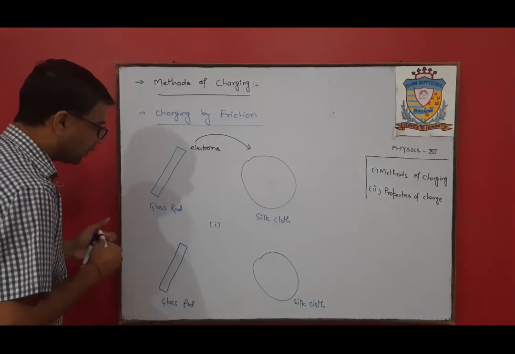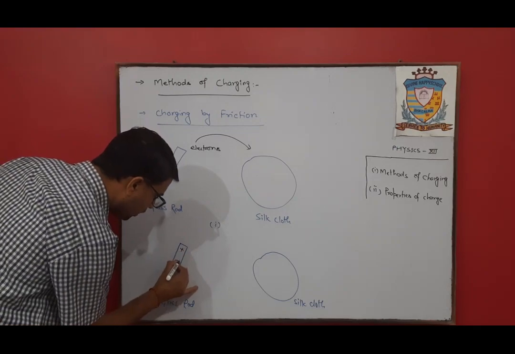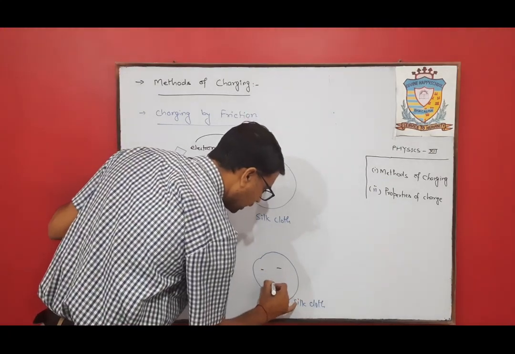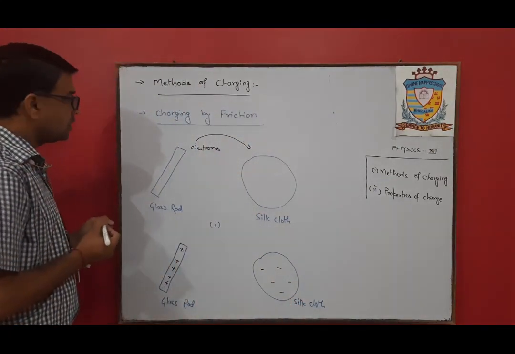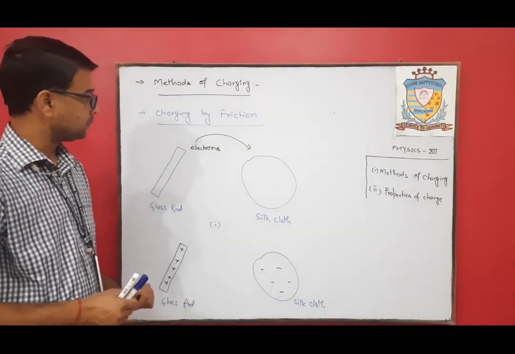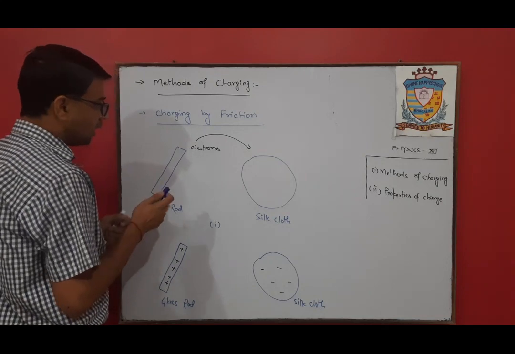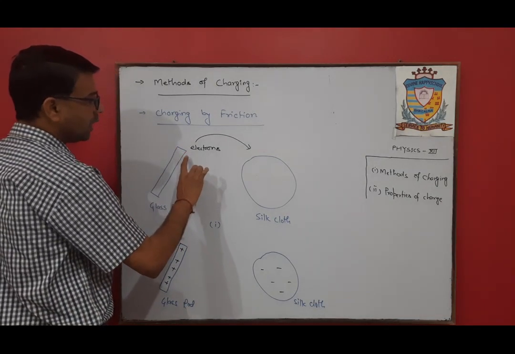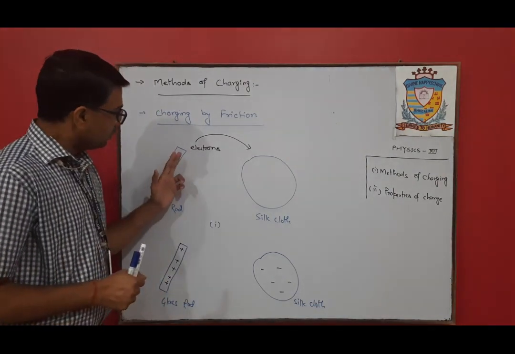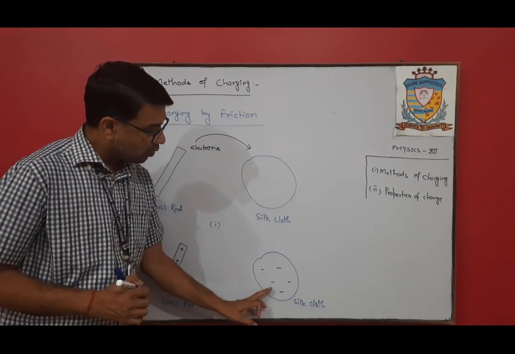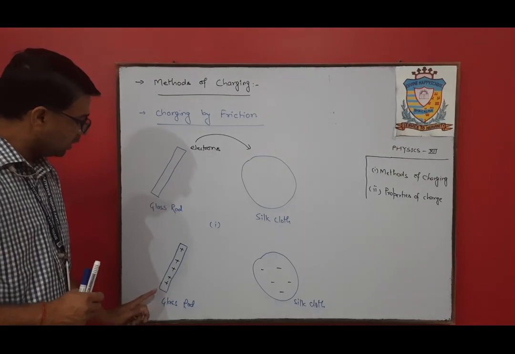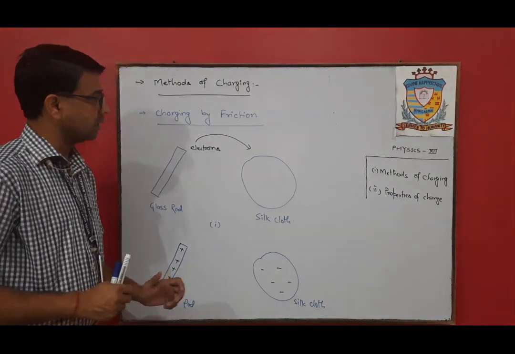After rubbing these two, the glass rod becomes positively charged, and at the same time the silk cloth becomes negatively charged. Clear? Suppose the number of electrons moved from the glass rod is x. So the total negative charge on the silk cloth becomes x negative charge, and here it becomes x amount of positive charge.